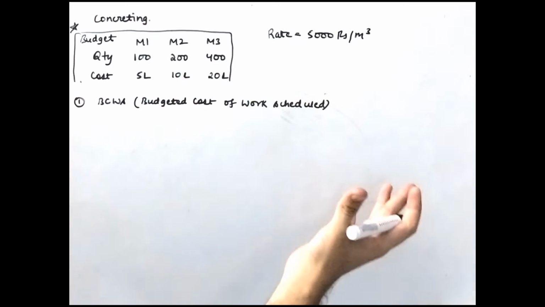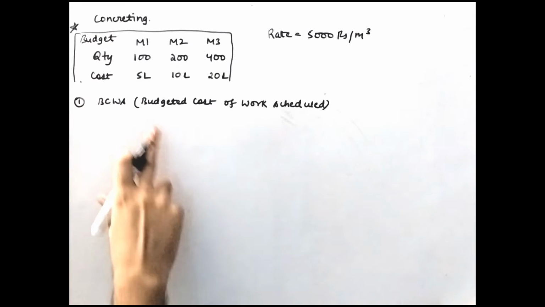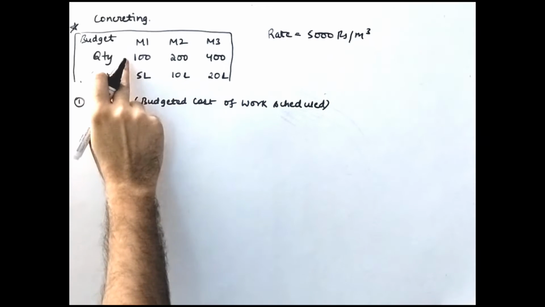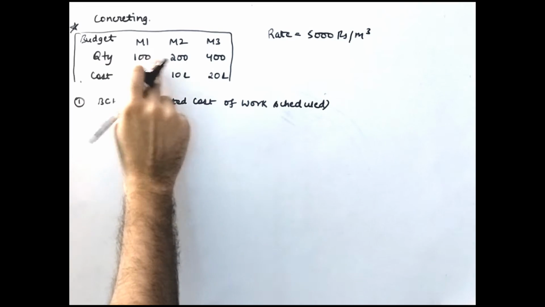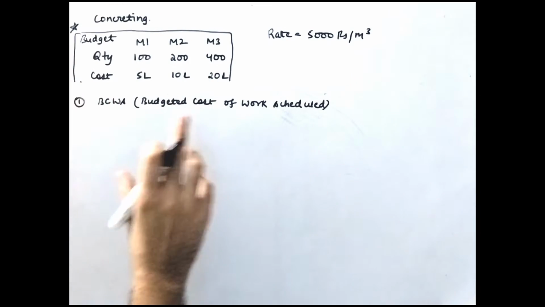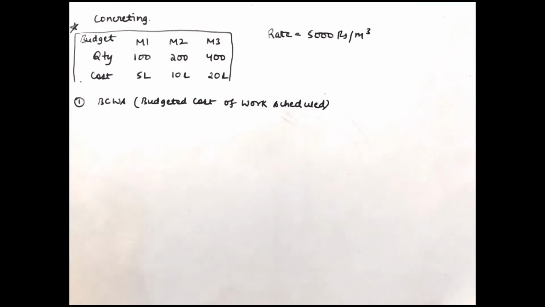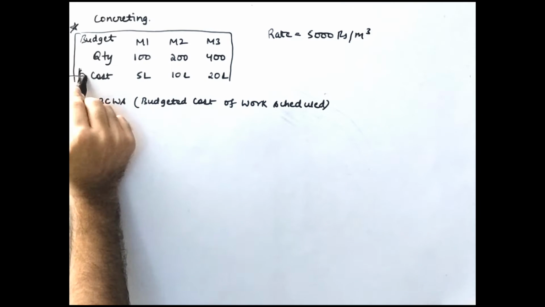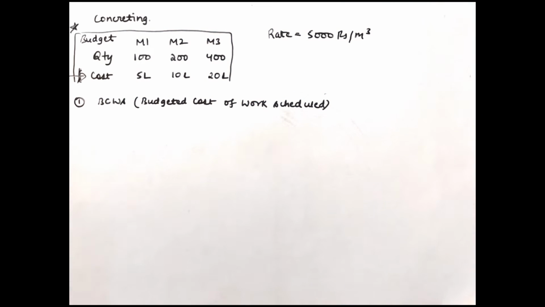Scheduled means we have planned something at the initiation of the project and we have budgeted the cost for that particular schedule. That means we have planned the quantities of 100, 200 and 400 and we have budgeted this cost. So what is your BCWS? It's nothing but this cost, because this is the budgeted one. Okay, so this is your BCWS. I hope you get it.